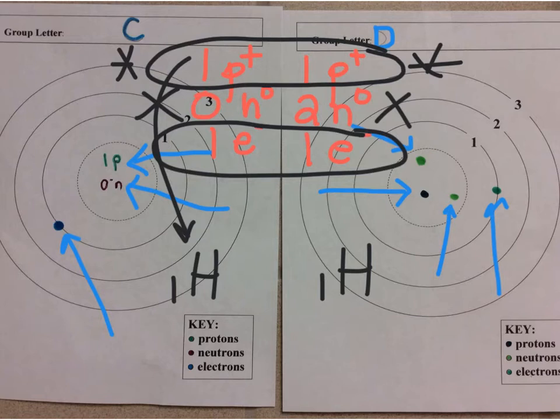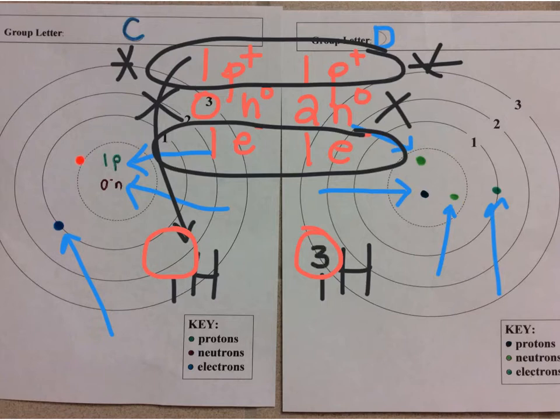That is the position of the atomic number. Then we put the mass number up here. The mass of the hydrogen is the mass of whatever's inside the nucleus. There's 1 proton and 2 neutrons, so he's got a total mass of 3.